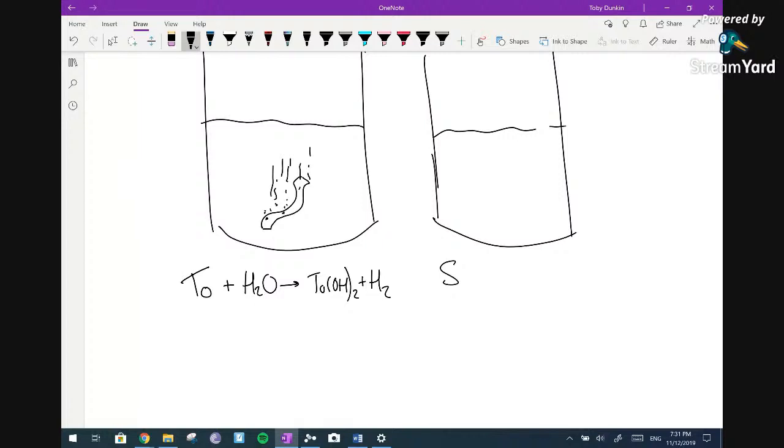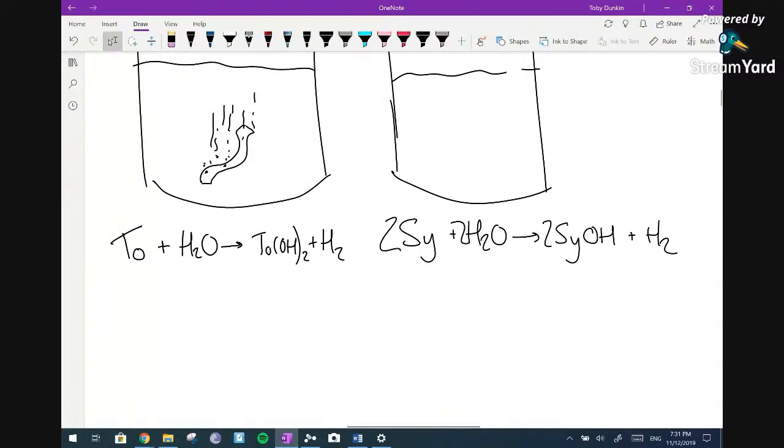What are we going to have to use? We can use SY. It looks like an I. So cyanium plus water goes to cyanium hydroxide and hydrogen. Let's balance it. So I need a 2, and a 2.